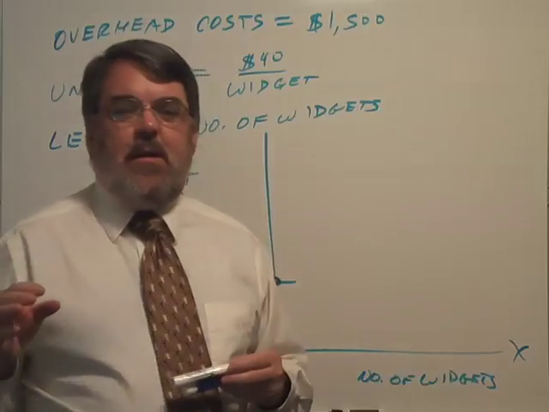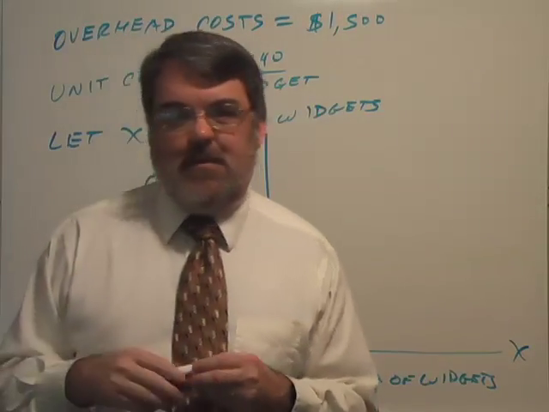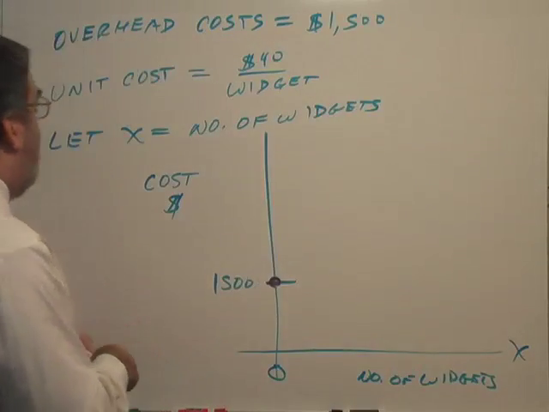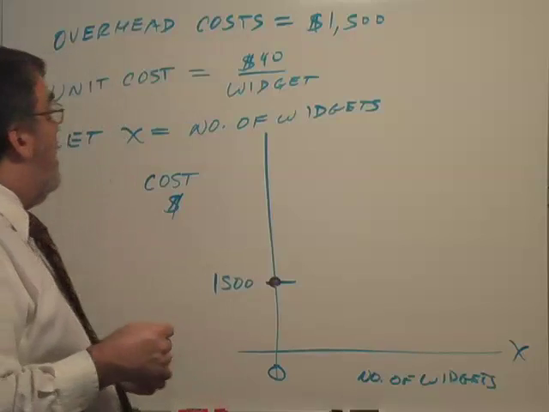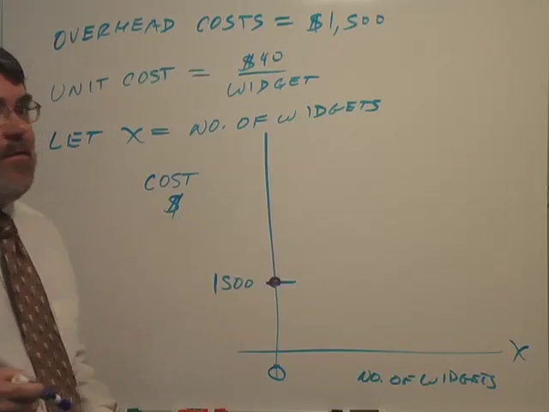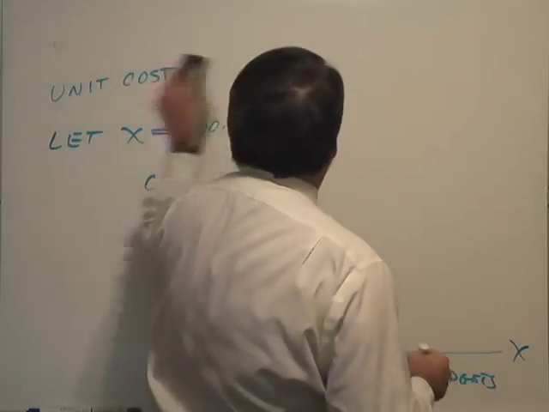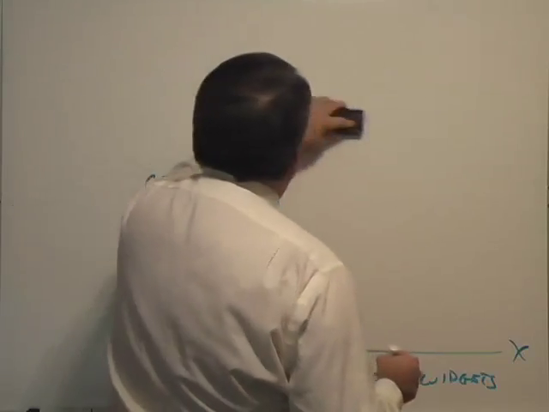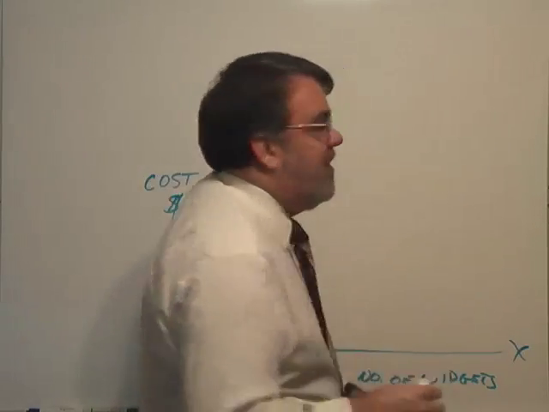Now, suppose that we make, what's a good number? 50 widgets. 50 widgets this month. What's the extra cost on top of the fixed cost? Now I need some room here, so I'm going to have to do some erasing. The extra cost is above the fixed cost.